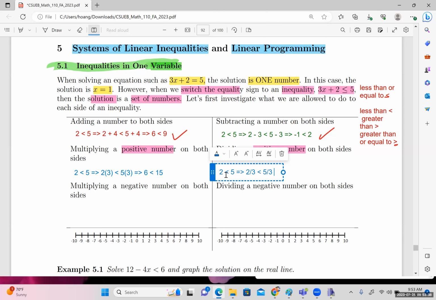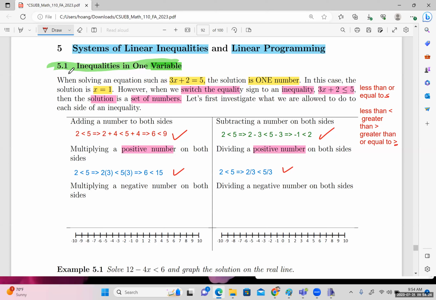You can check with a calculator. 2 divided by 3 is 0.67 something, and 5 divided by 3 is about 1.67 something. So 2 over 3 must be less than 5 over 3. So that is also true.